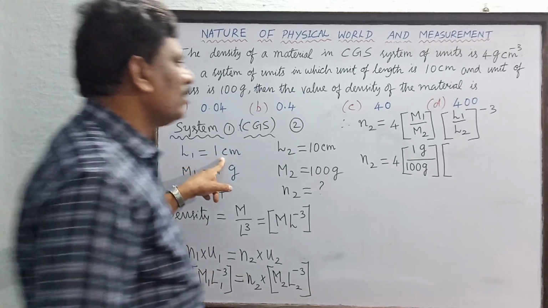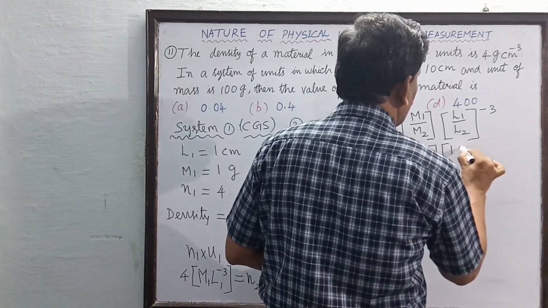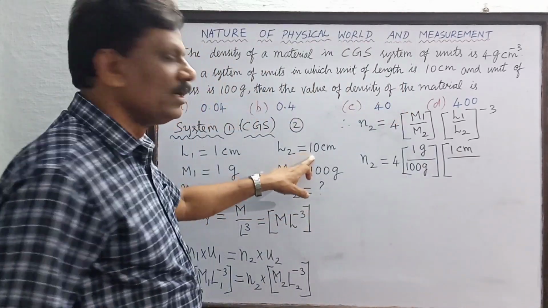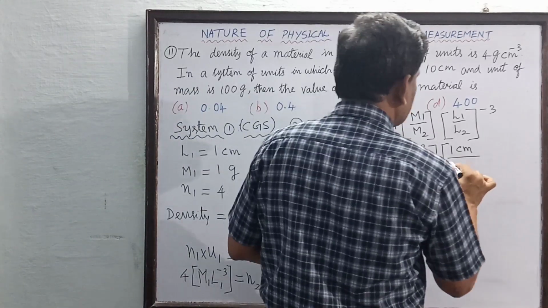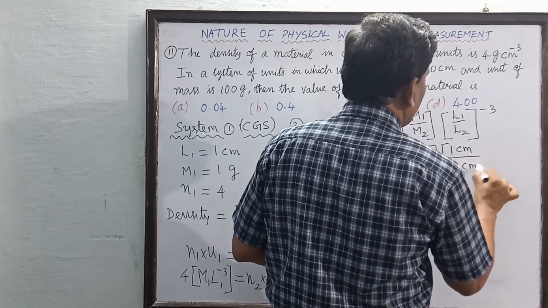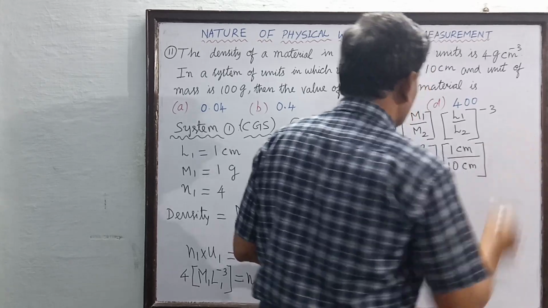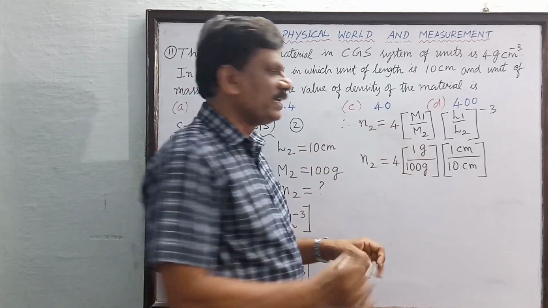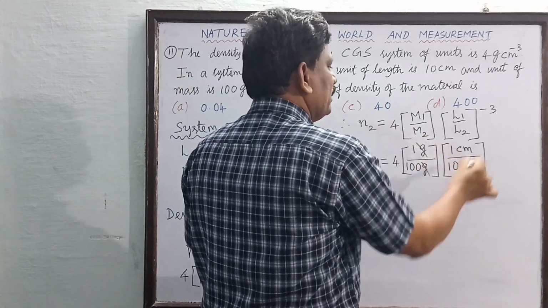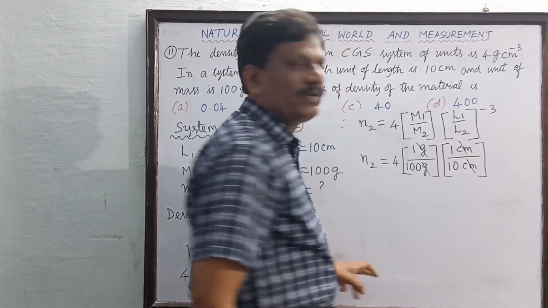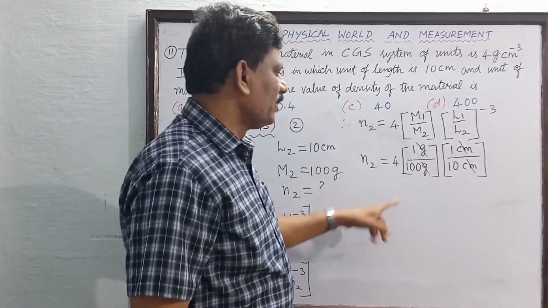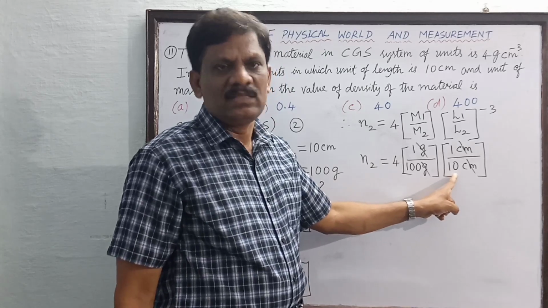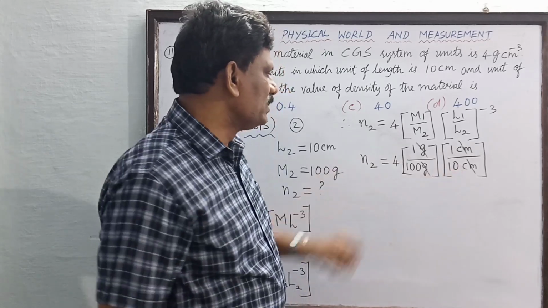So L1 is equal to 1 centimeter divided by L2 is equal to 10 centimeter. Now the gram and gram can be cancelled first. Then centimeter and centimeter also can be cancelled. Now in the denominator, 100 into 10 is 1000.